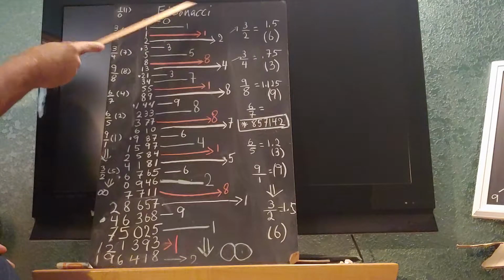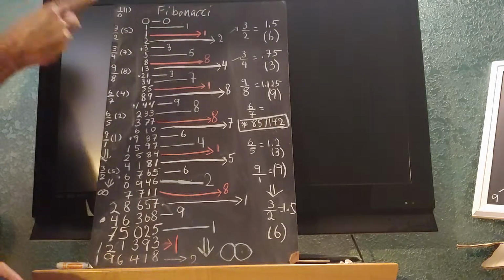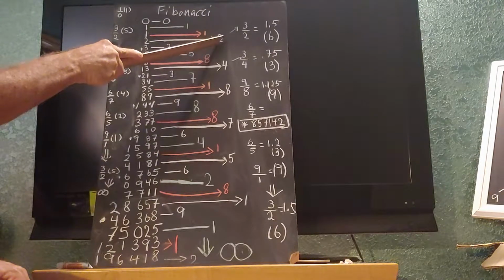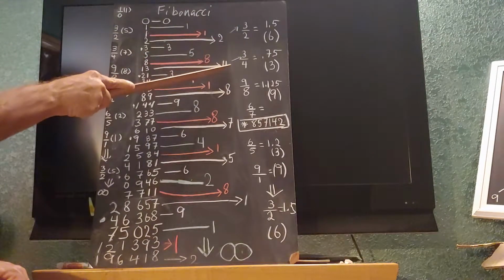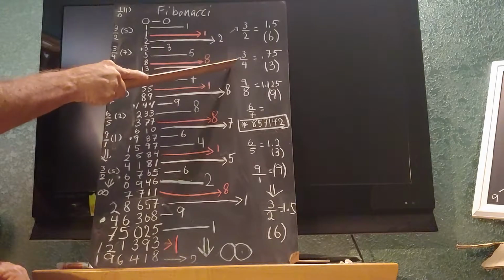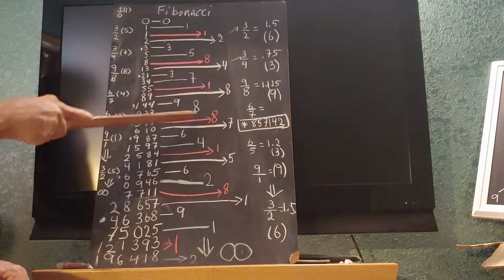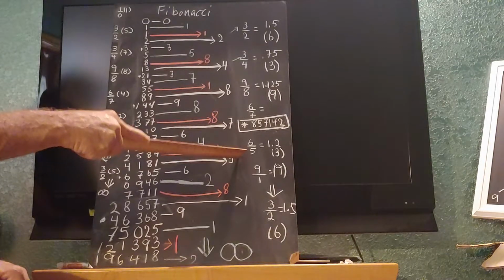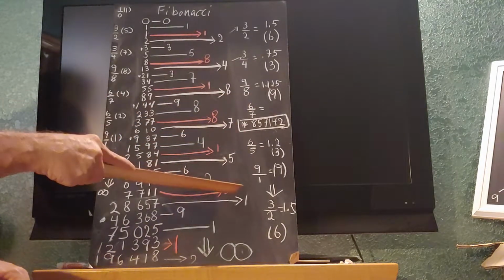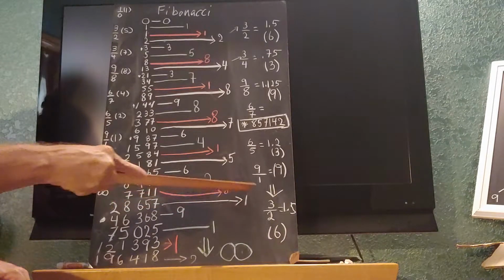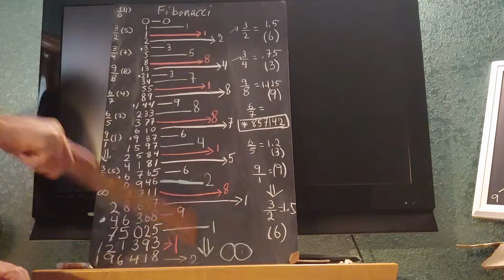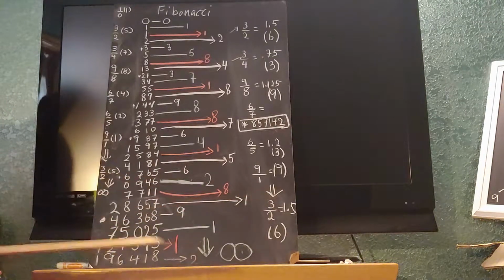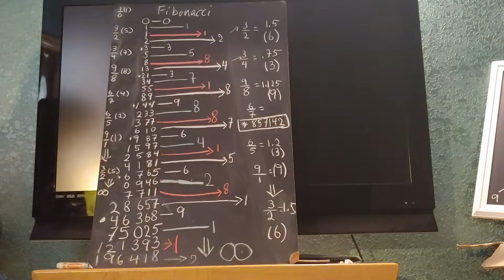This one starts at 0 over nothing. But then it'll go 3 over 2, then 3 over 4, then 9 over 8, then 6 over 8, then 6 over 5, then 9 over 1. And then it will go 3 over 2 again because it's a repeating sequence.